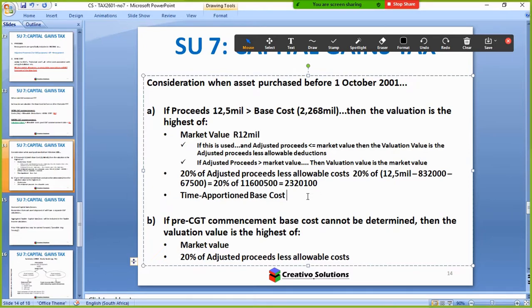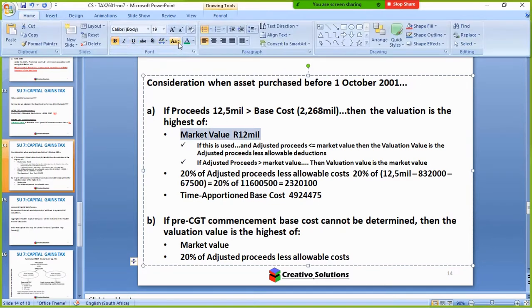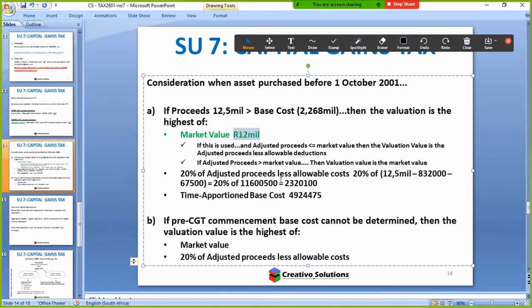What is the time apportioned base cost? It was 4,924,475. Yes. Okay, so which is the highest amount? 12.5. No. Market value is the highest amount. Oh, okay. 12 is bigger than 2.3, which is bigger than 4.9, right? Yes. So what is my valuation value? 12 million.